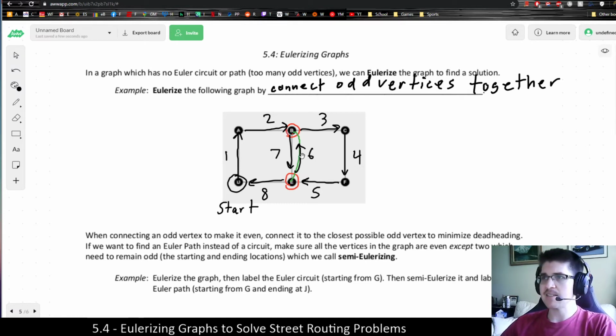So really, with this 6 and 7, technically we're not traversing two separate streets, but we're traversing the same street twice. This green edge was the minimum amount of deadheading necessary to complete the sweep of this graph. It was not doable as is, but if we allow ourselves to deadhead at those points, we'd be good to go.